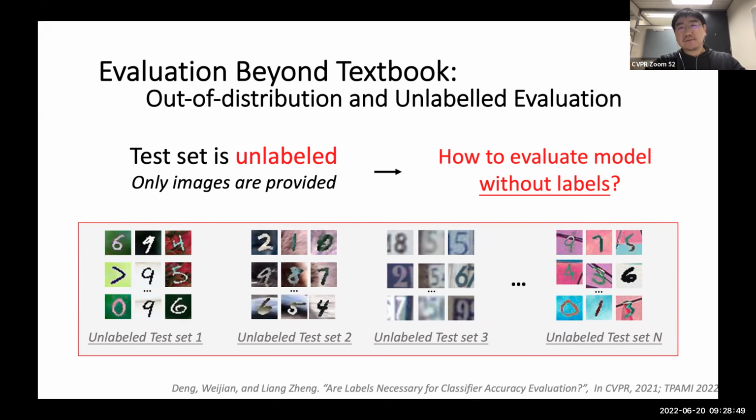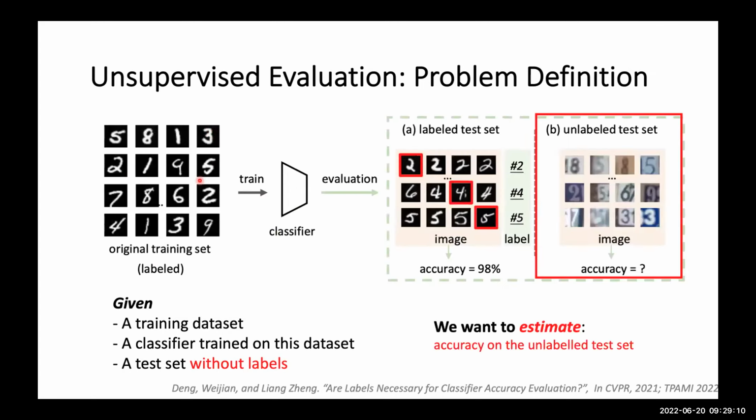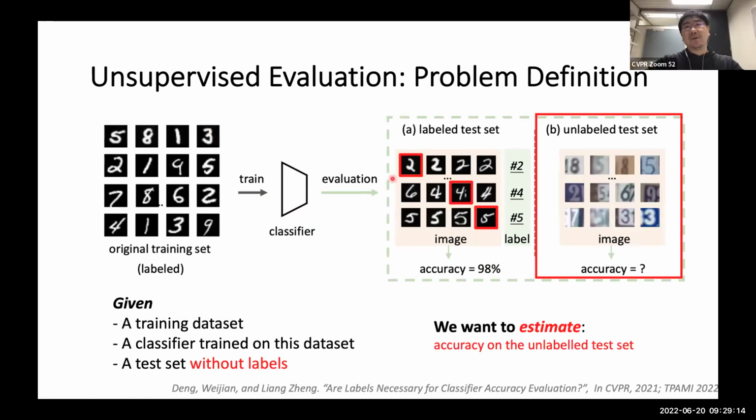Okay, now let's formally define this problem. Suppose we have a training set. This is our training set, which is fully labeled. It's a standard training set. We train a classifier on this training set. And then in the standard model evaluation, we have a labeled test set, which is on the left.